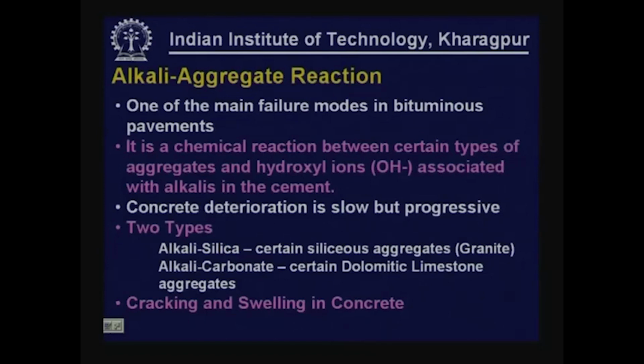We can have two types of alkali aggregate reaction: alkali silica, in which certain siliceous aggregates such as granite are susceptible to this problem, and alkali carbonate reaction, to which certain dolomitic aggregates such as limestone are susceptible. Because of this reaction, cracking and swelling occur in cement concrete.